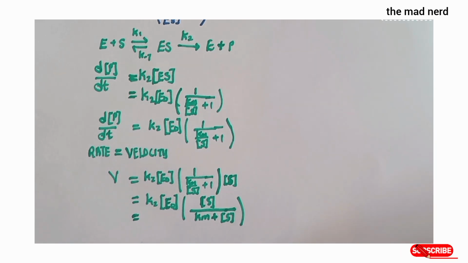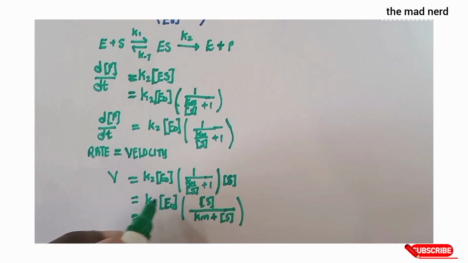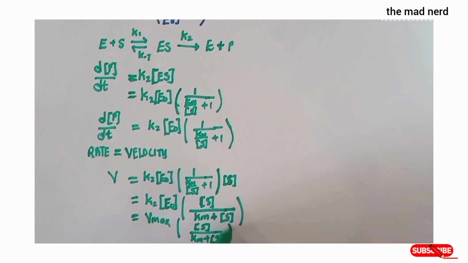When we have the total enzyme, it means that we have the enzyme active sites being saturated with the substrate. So now what you can do is replace K2 times the E naught with a Vmax, and then the concentration of substrate over Km plus the concentration of substrate, and close the brackets.